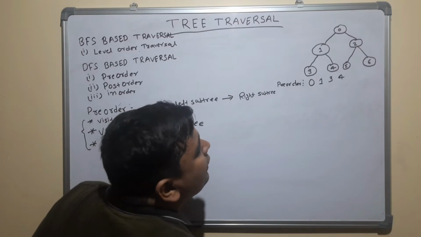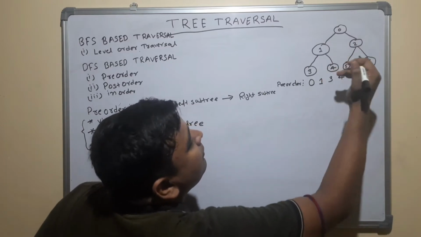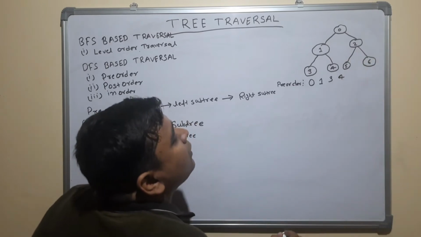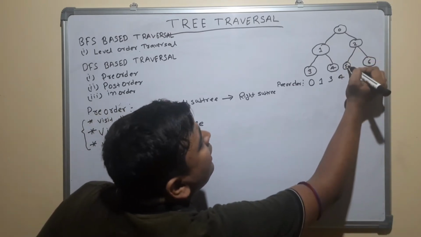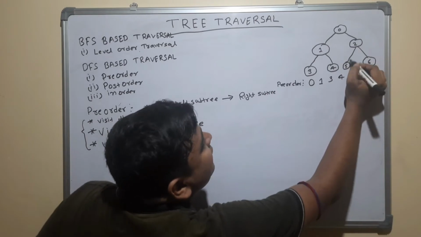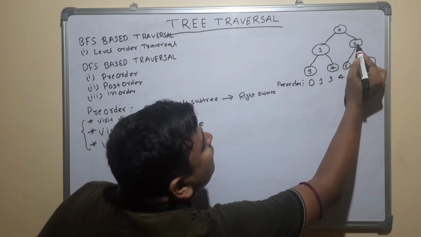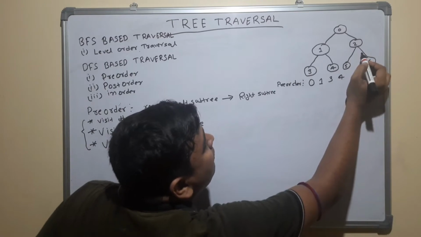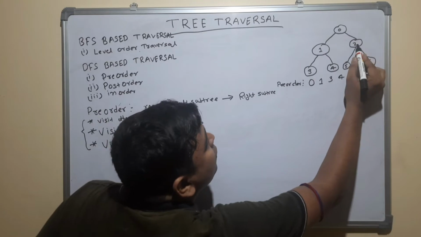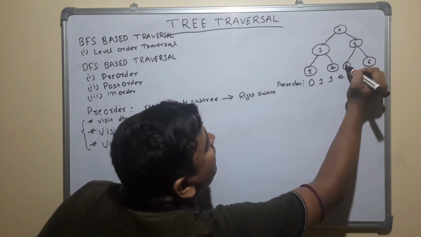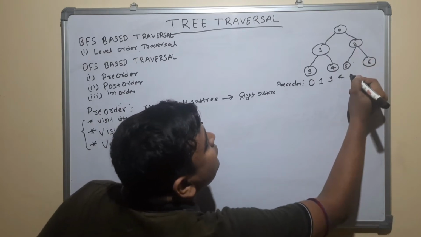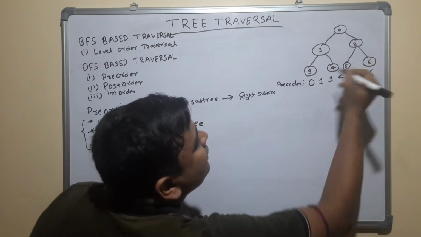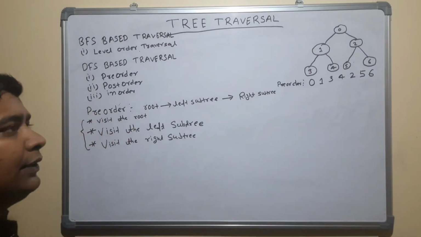Now we go to the right subtree, which follows the same process: root, left, right. Six. This is the preorder traversal of this tree.